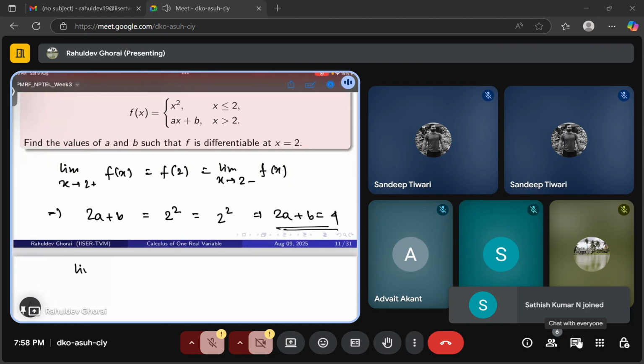And then the limit as x tends to 2 plus.